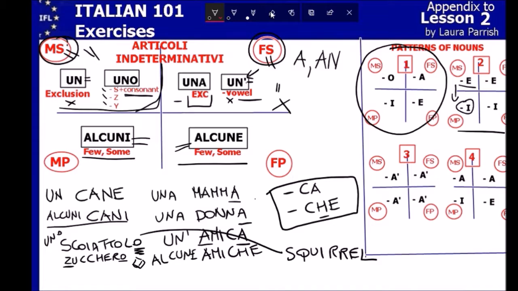S plus consonant, no. Z, yes. So, uno zucchero. And if you make it plural, it will be zuccheri. Because the indeterminative article of the plural doesn't exist, it will be alcuni, that means few. Alcuni zuccheri.